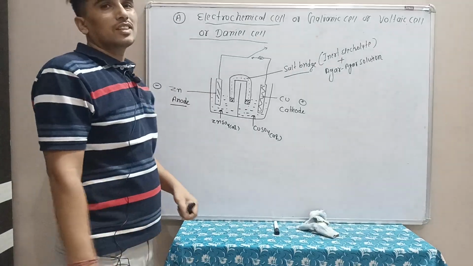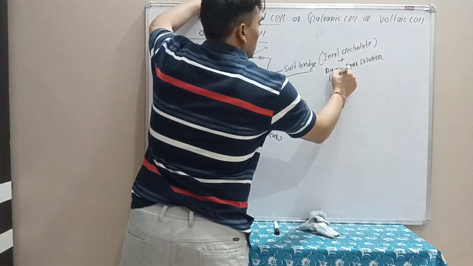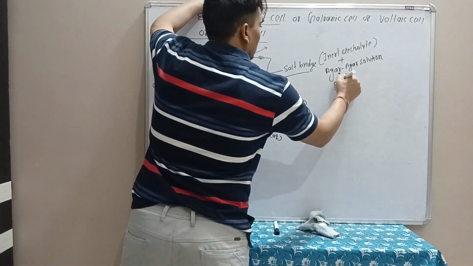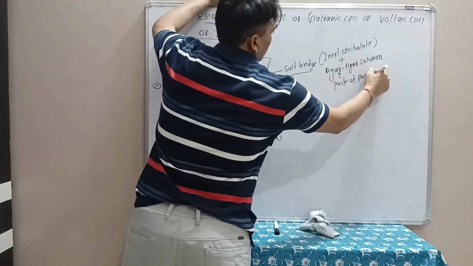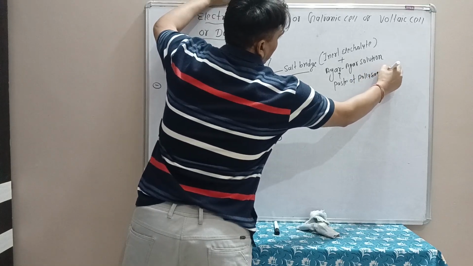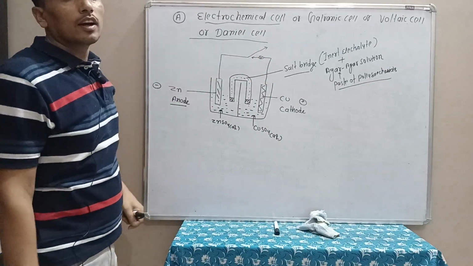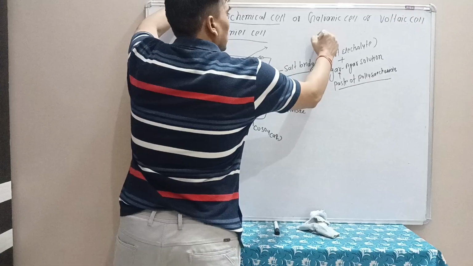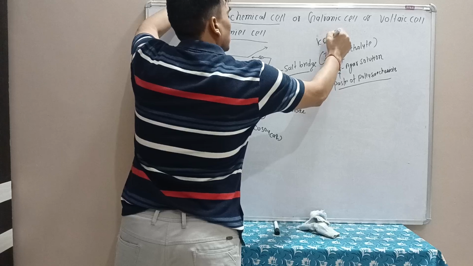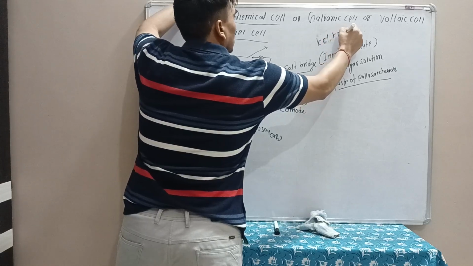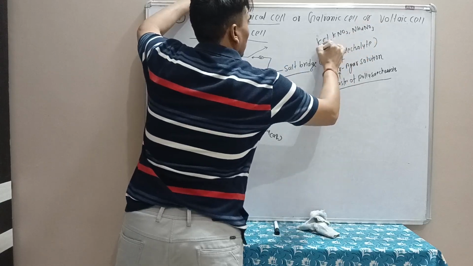Agar solution is nothing but a paste of polysaccharides. And inert electrolytes are like KCl, KNO3, NH4NO3.